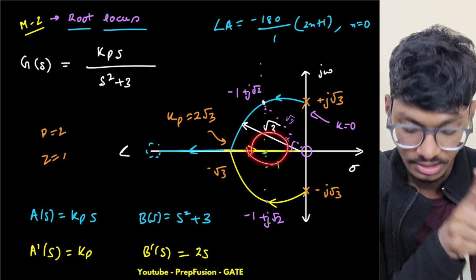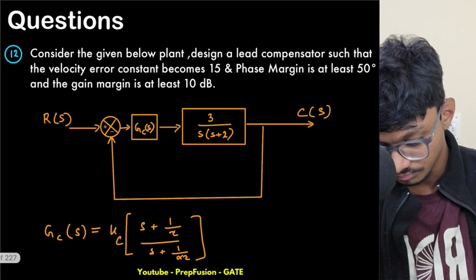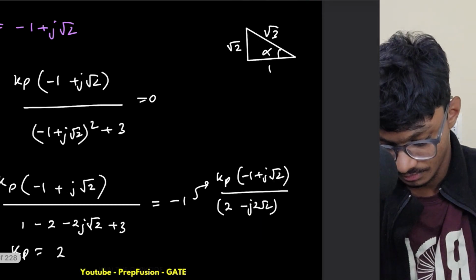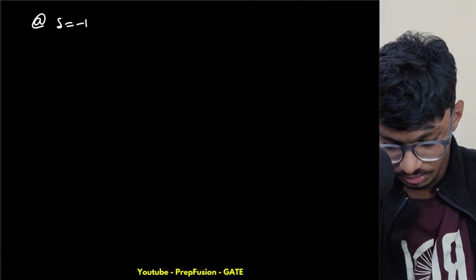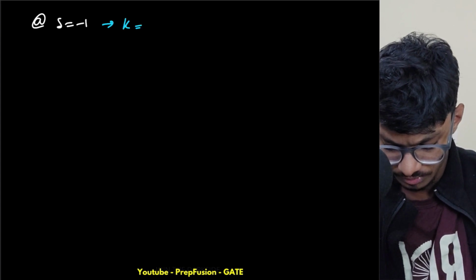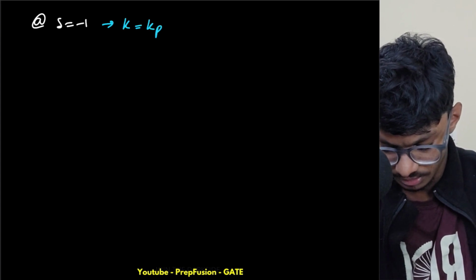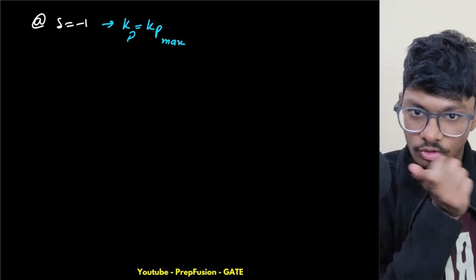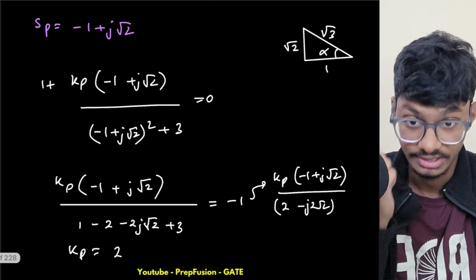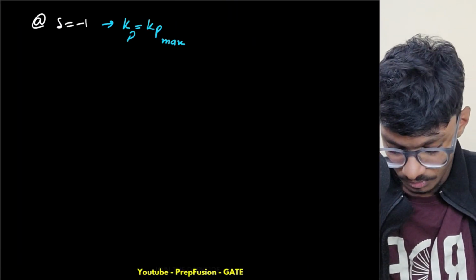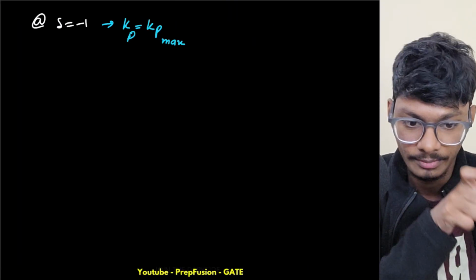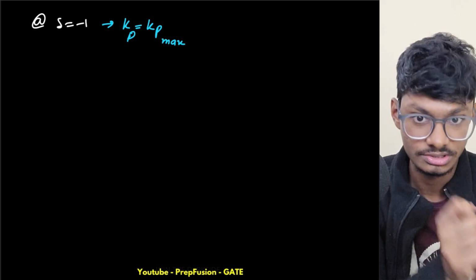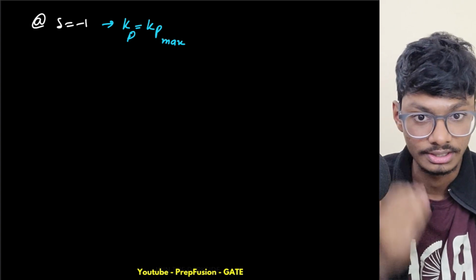So at s equals minus 1, k will be kp max. Obviously after that, the real part of one of the poles will be less than minus 1, which is not desired, and the settling time will increase.